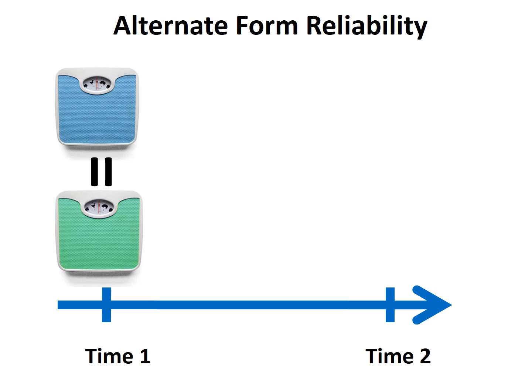And if the items function reliably, again, whether it's in a pre-test mode or a post-test mode, then the performance on both sets should be consistent. And that would be a way of measuring evidence of reliability based on what is called alternate forms.